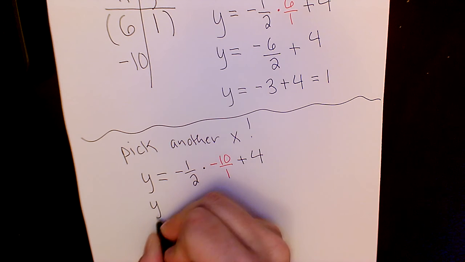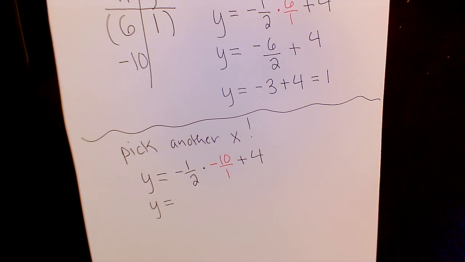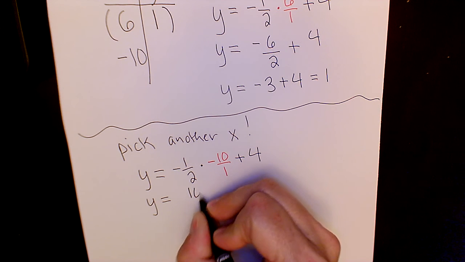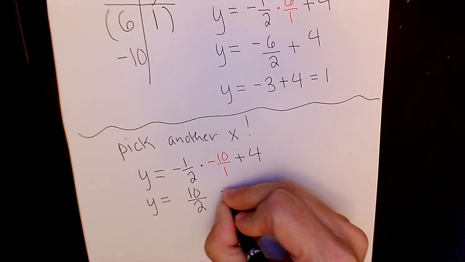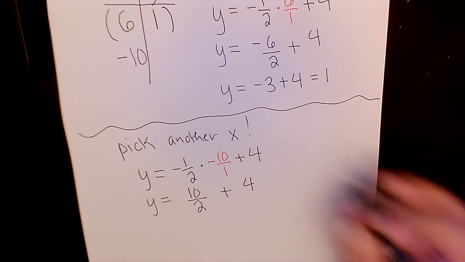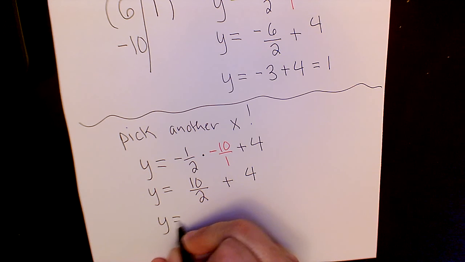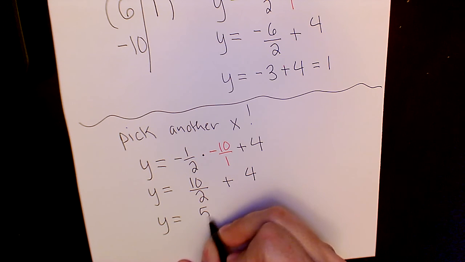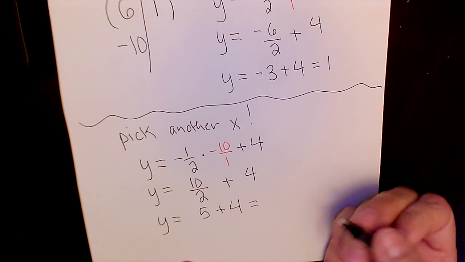People seem to like it when I multiply straight across. What's negative 1 times negative 10? Negative times a negative is a positive. And 2 times 1 is just 2. And what's 10 divided by 2? That's just 5. And what's 5 plus 4?